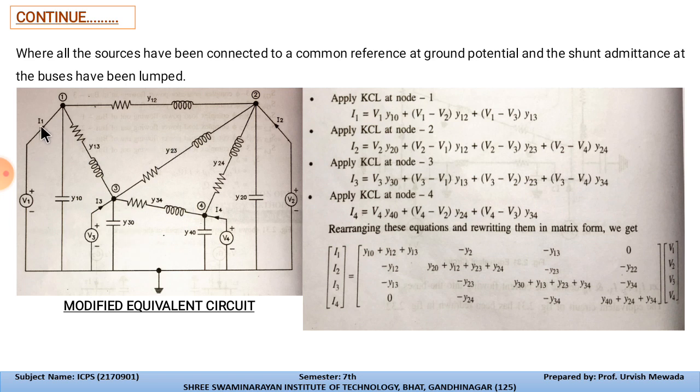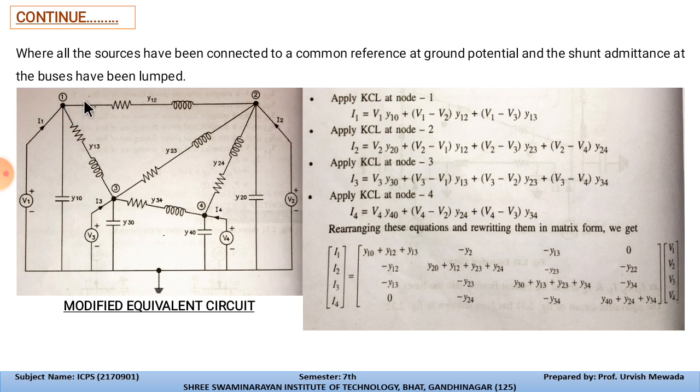You can see all the voltage sources V1, V2, V3 and V4: the negative terminals of all the voltage sources are connected at the same potential, the ground, and the rest of the terminals are indicated as, suppose this is 1, and between 1 and ground potential 0 the admittance is Y10, and from V1 the current I1 is passing towards node number 1.